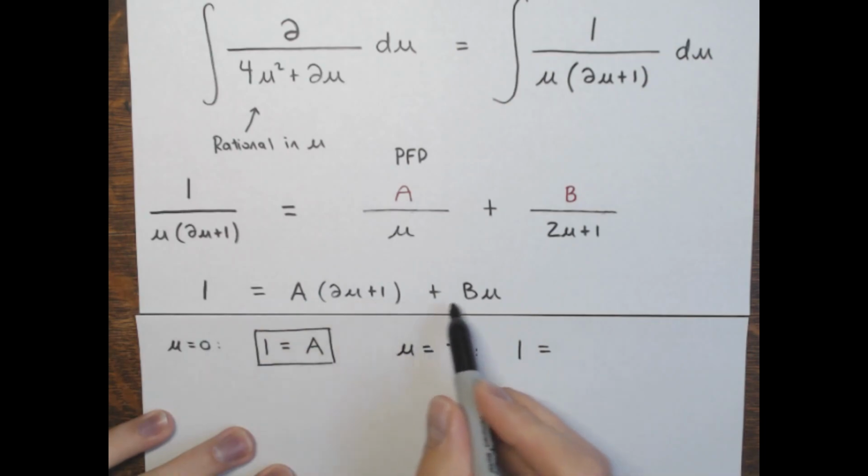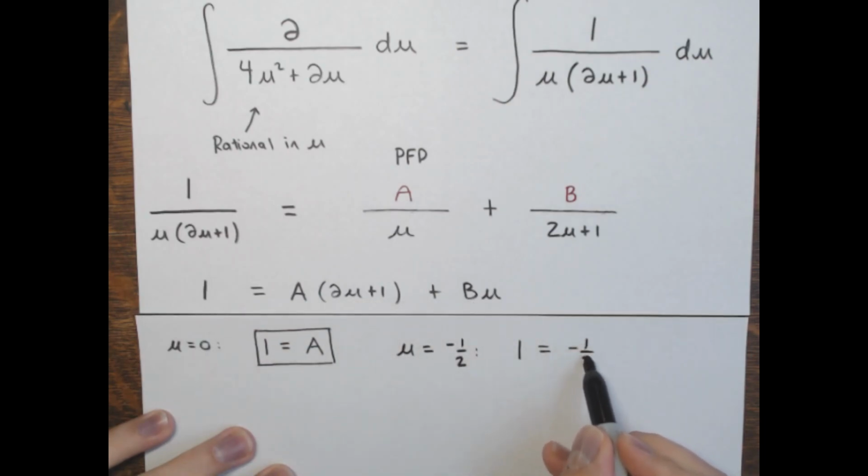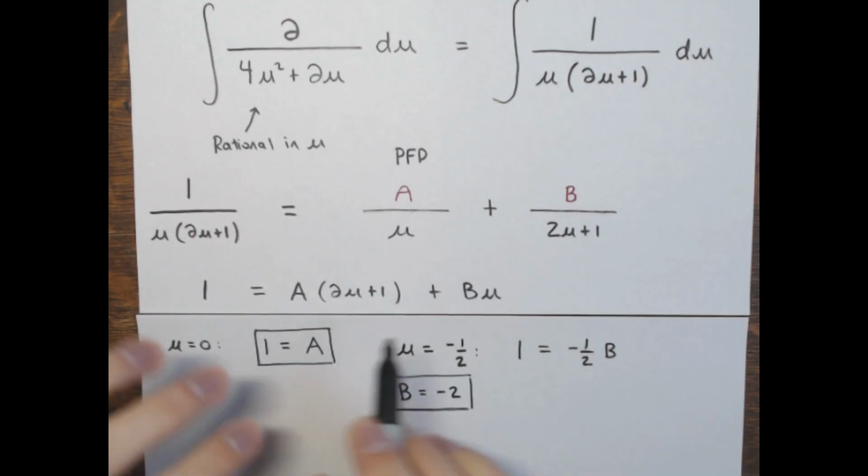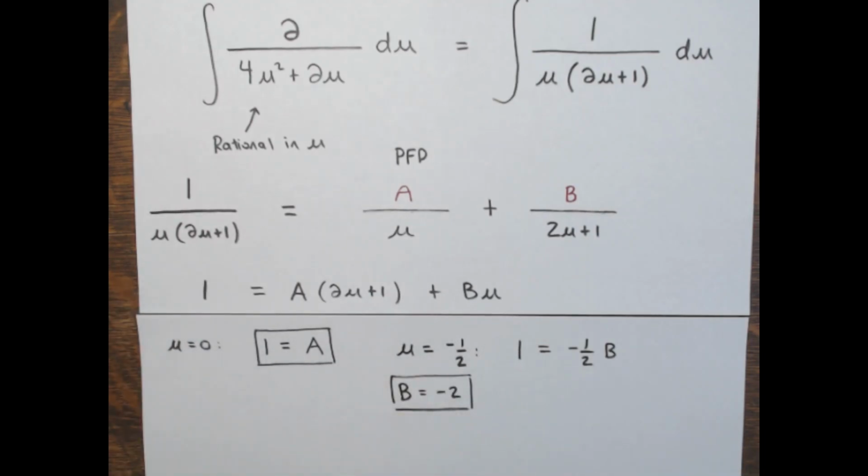This is now 0a, and then you got minus 1/2 b, and then multiply by negative 2. We got b must be negative 2. Okay, again, double checking my thoughts here. I don't want to have another arithmetic mistake like I did with the last example. All right, so great. Now I got them.